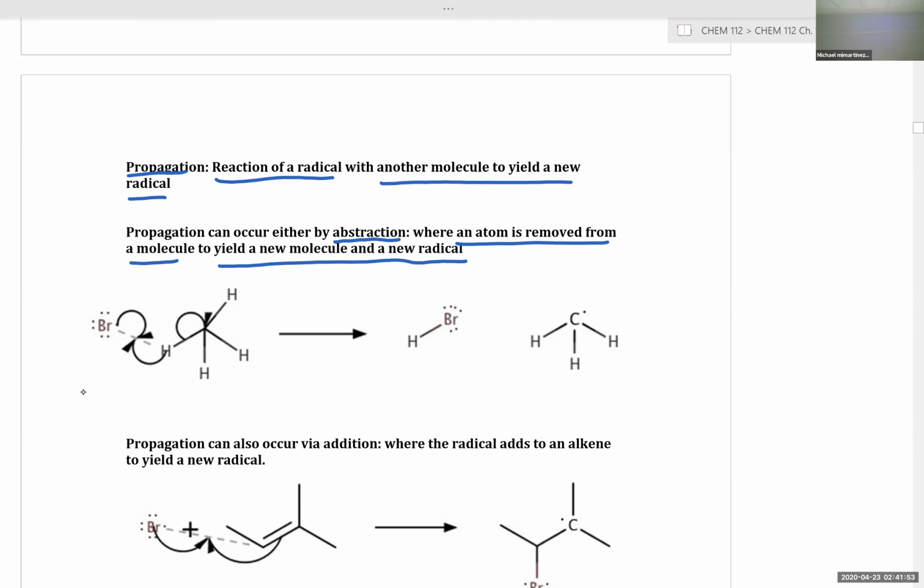So in this case, our bromine radical abstracts a hydrogen from methane. And in turn, we generate a new molecule and a new radical.